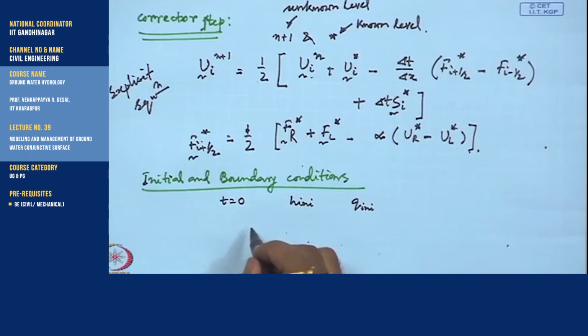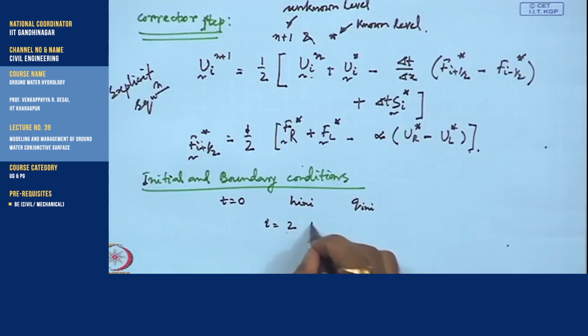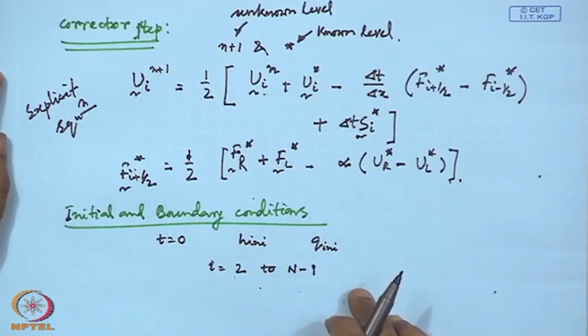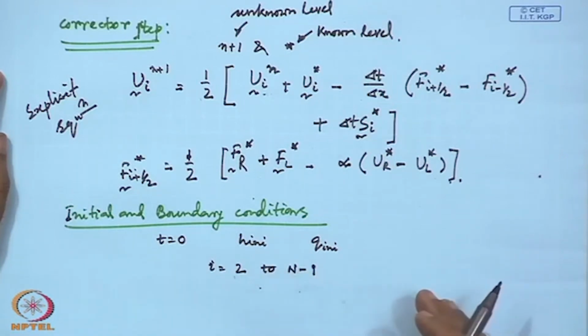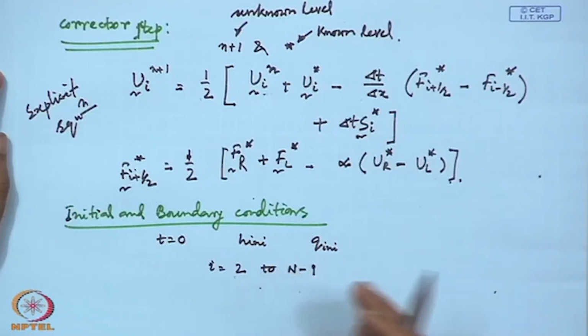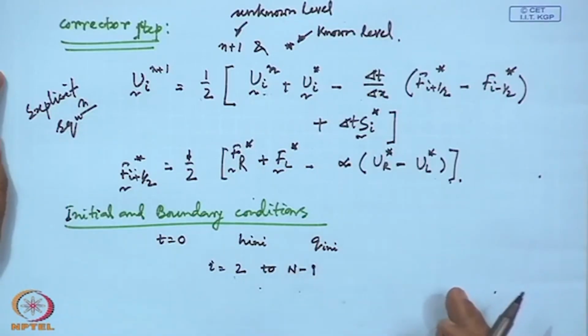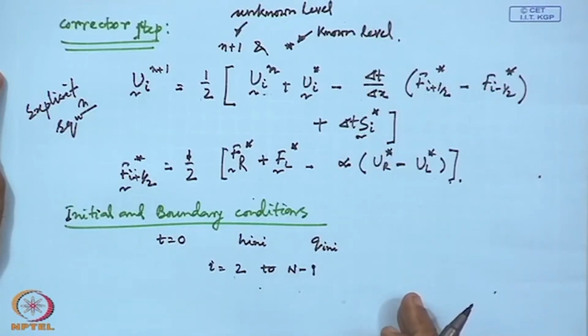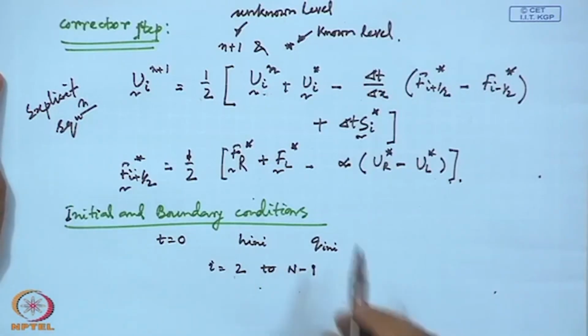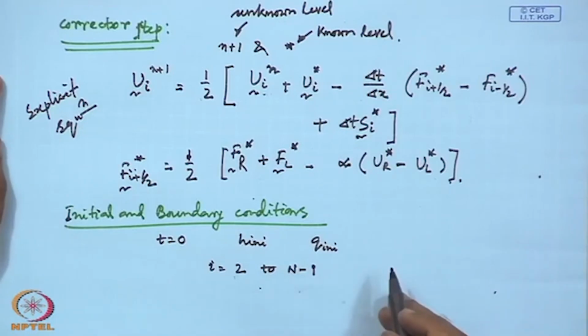So, at this level we have I 2 to n minus 2, n minus 1, we have internal nodes, and for the first node and the last node we can specify the boundary condition. So, values of the variables at upstream and downstream ends of the domain are determined by appropriate values.